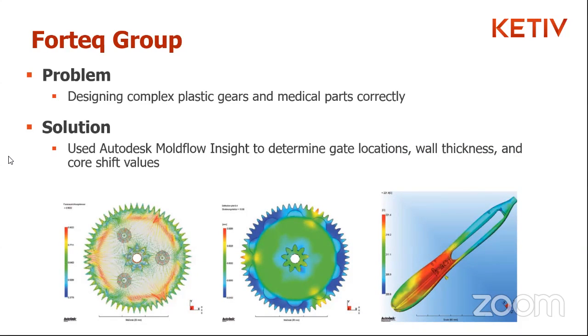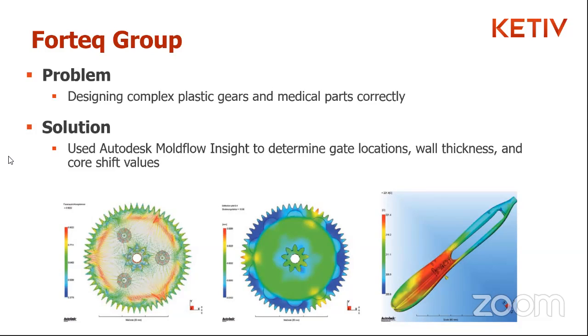as well as some of these more complex parts, looking at this up front to determine what the ideal gate location is. I can't count how many times I've seen gate locations driven by where you can't see it, so a non-cosmetic area, or based on the economics of what you think the tooling type should be. And we'll get into that, I think, next week's subject.